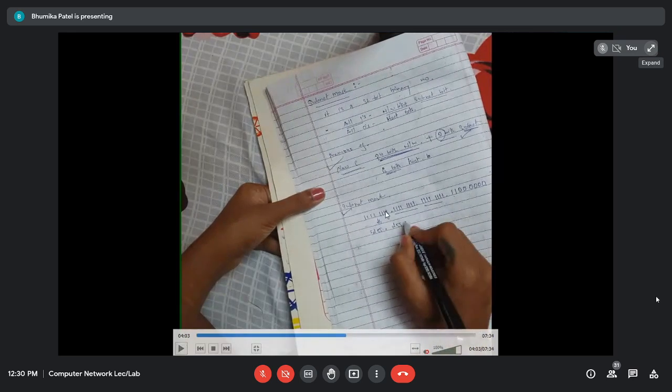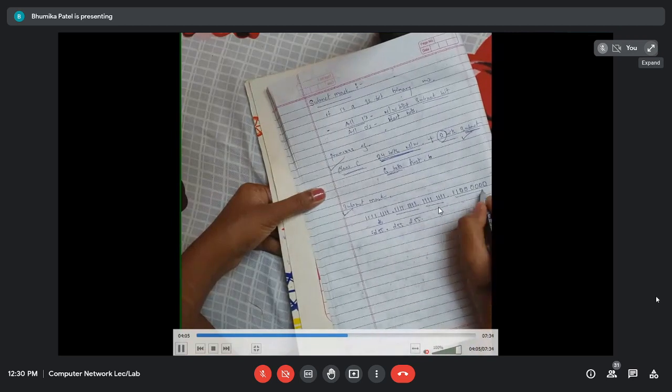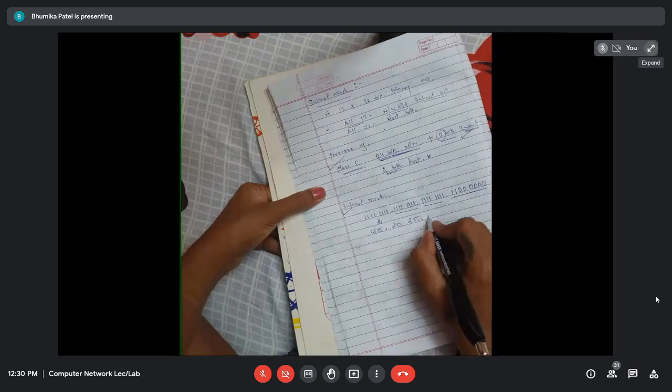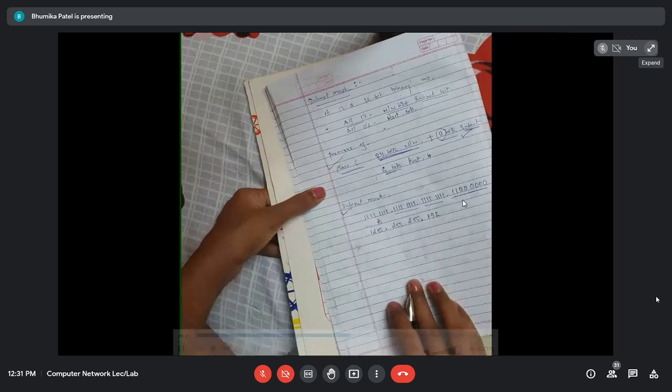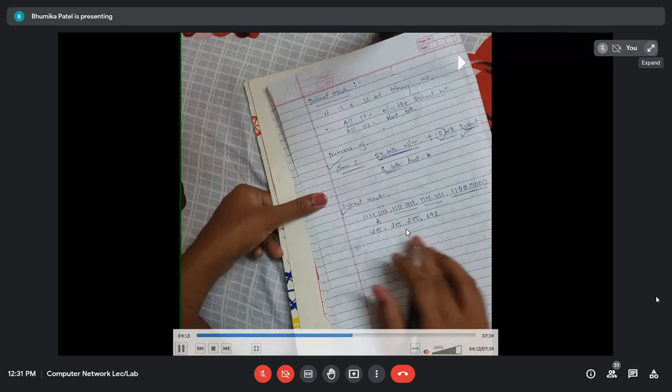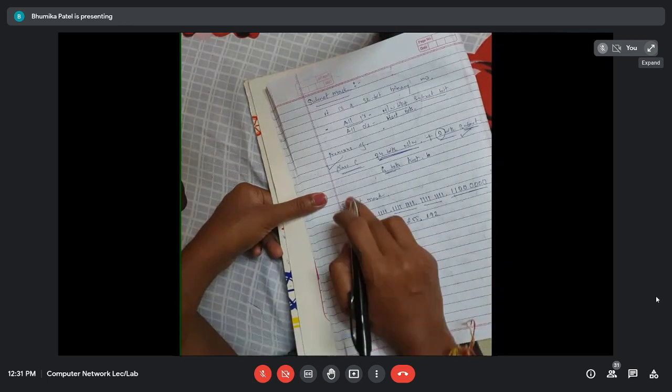And if you convert this binary into decimal, you will get 255, 255, 255, and here, as you can see, the first 2 bits are 1, that is 128 plus 64, that is 192. So for this particular example, we have the subnet mask fixed.